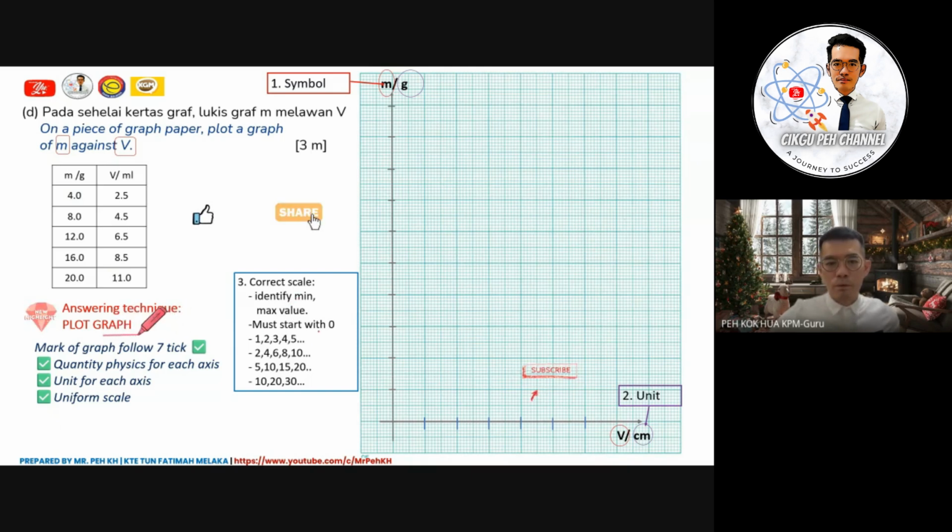It must start with 0. Some teachers advise that the starting point is not always 0. However, I still advise, if possible, we make it 0, so that when you plot the graph and it passes through the origin, we can confidently say that the x and y relationship is directly proportional.